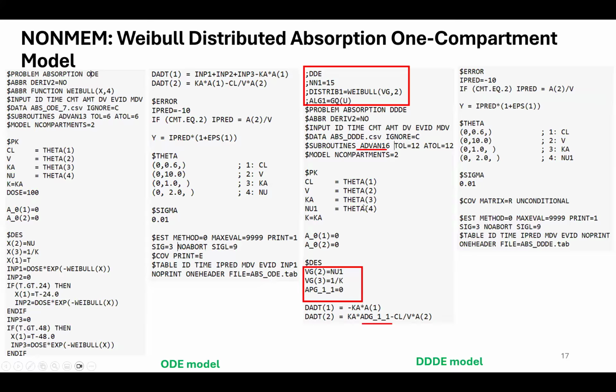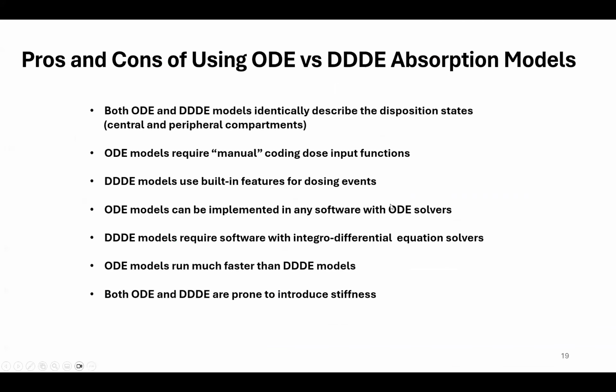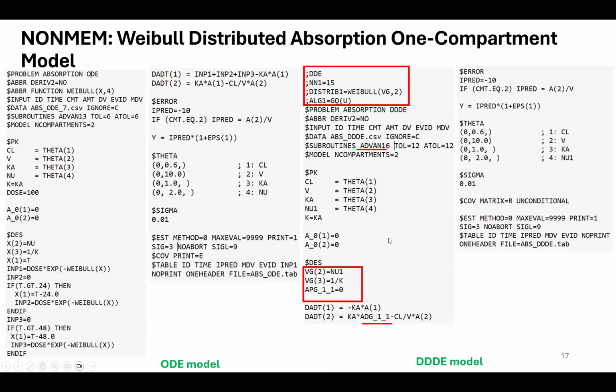And then the code is, as usual, a NONMEM code, but then you have to provide the arguments for the Weibull function, which I've done right here. You have to specify the past, which is 0. So this says the first compartment, the first distributed delay, will have the past equal 0.